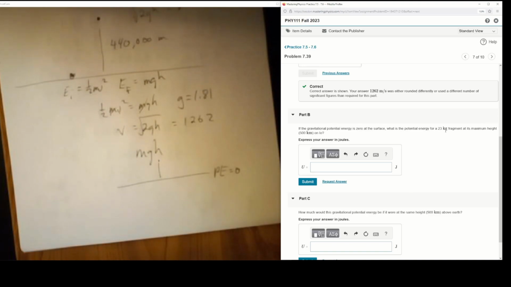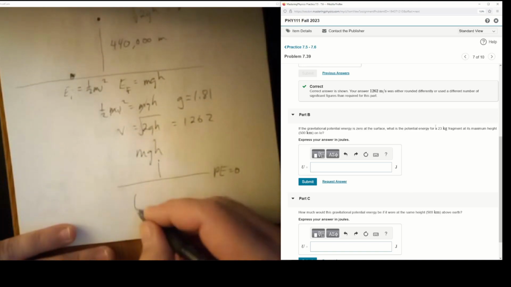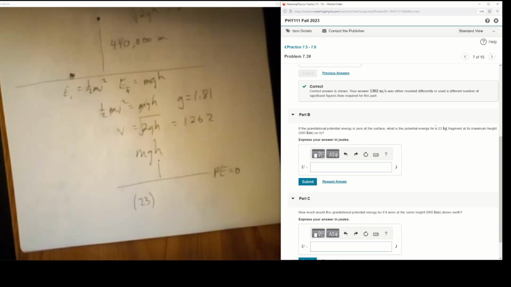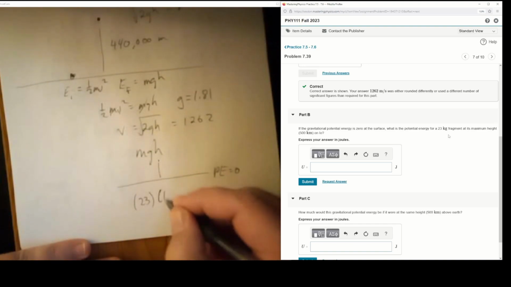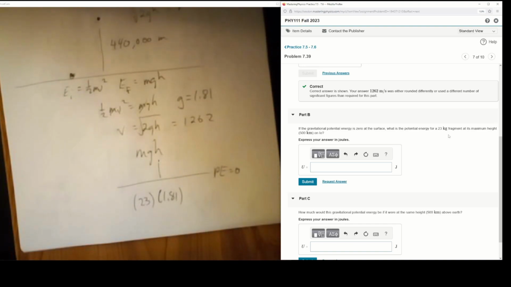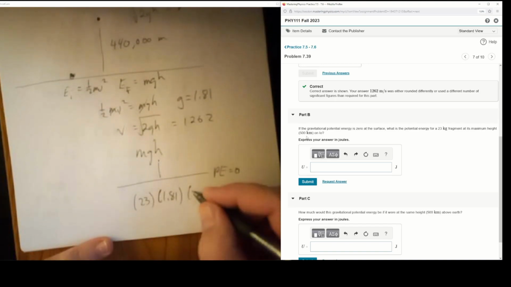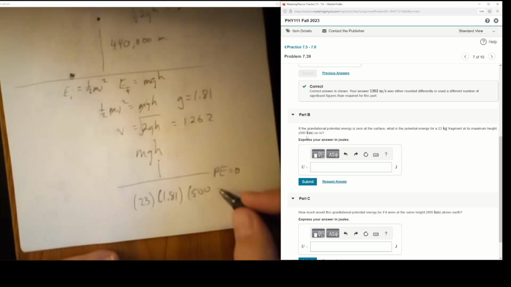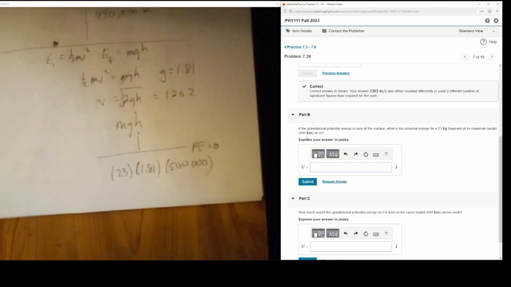The mass is 23 kilograms, so the mass is 23. G for this again was 1.81. And then they do give us a new height this time of 500 kilometers. So 500, K means 1,000, so I'll put in another 3 zeros there, and I'm just going to type that number in.